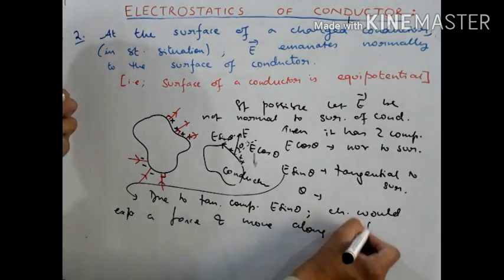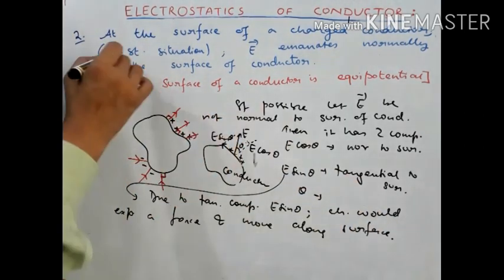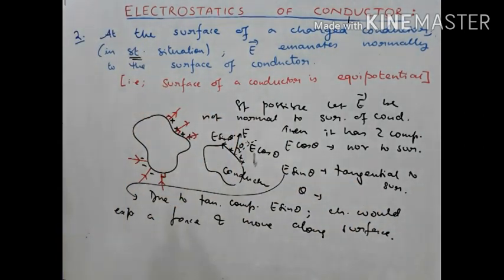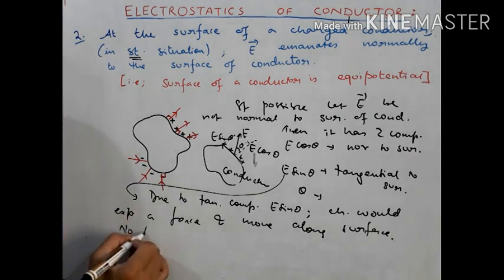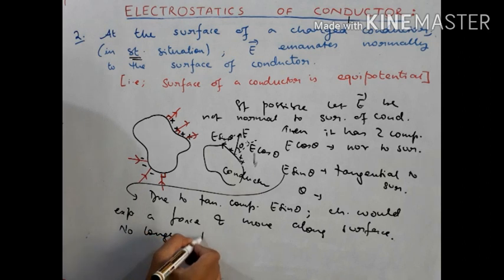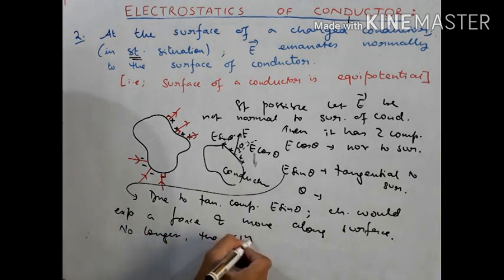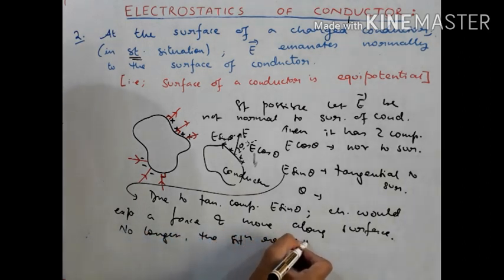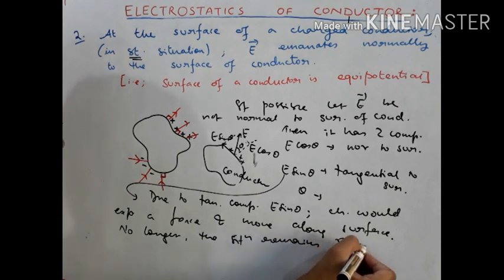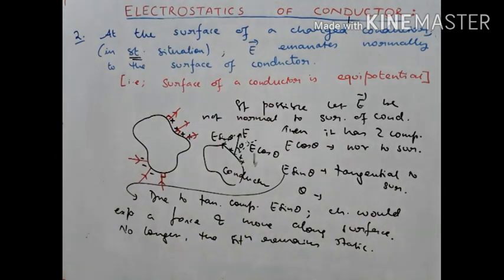And if the charges move along the surface, will this situation be static? No, it becomes a dynamic situation. So no longer does this situation remain static, and therefore our assumption is not correct.